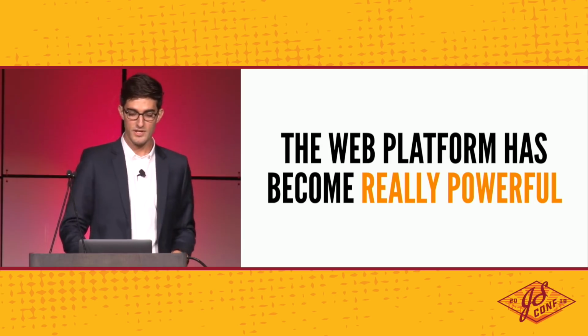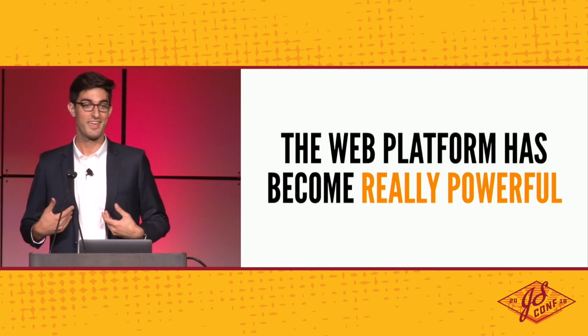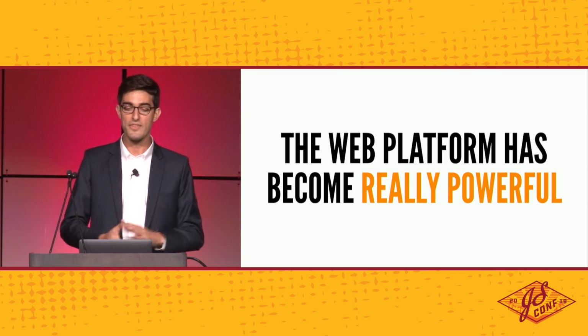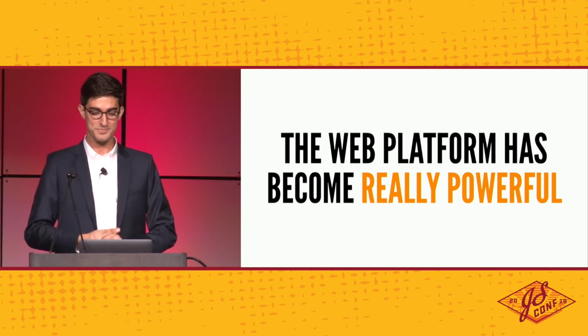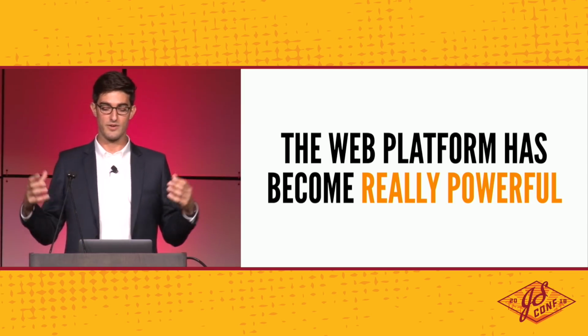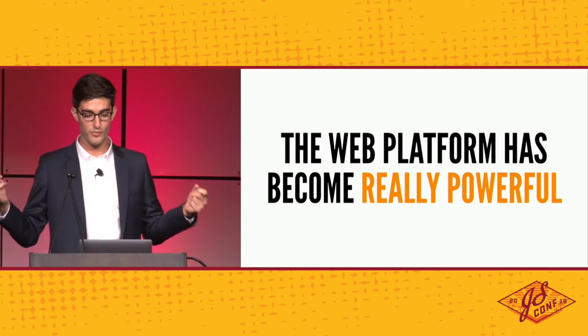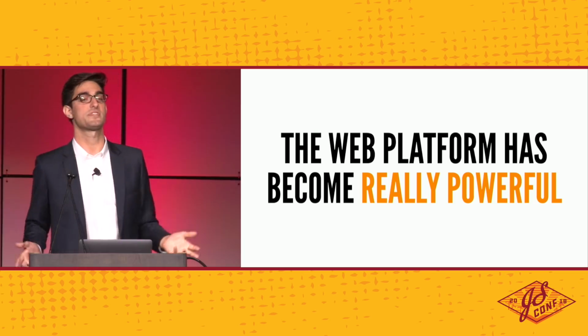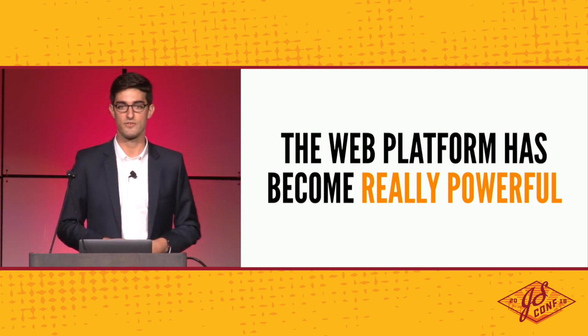We have a lot of powerful features. So the good news for me in making this annoying website is I'm glad that the web platform has become really powerful. We have all these new APIs that have been added to the web, and we can do things like service worker, web audio, web payments, push notifications, WebAssembly, WebGL, WebRTC, WebVR, and all these are fun to play with.